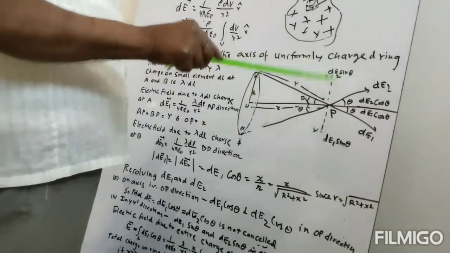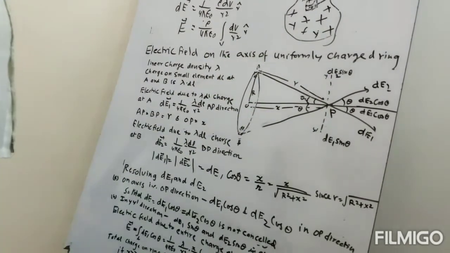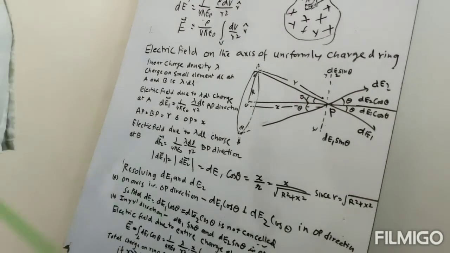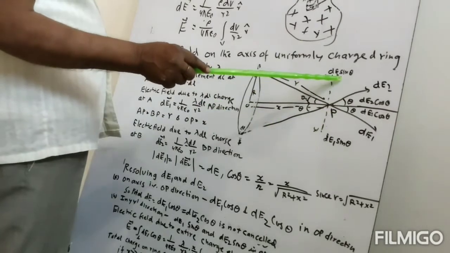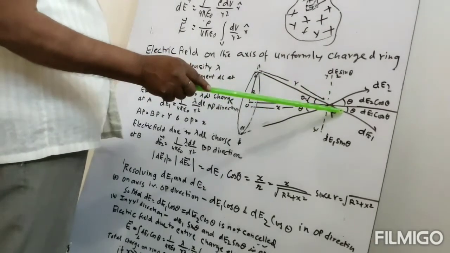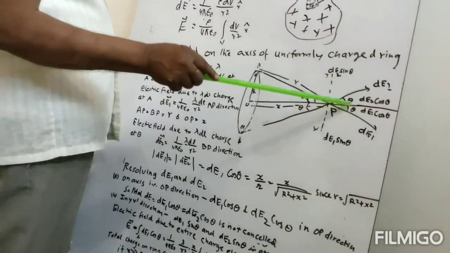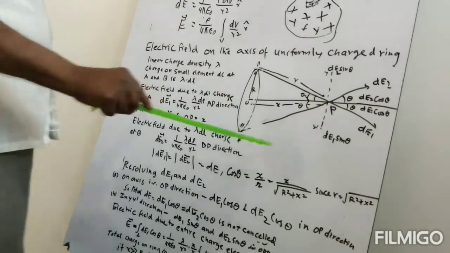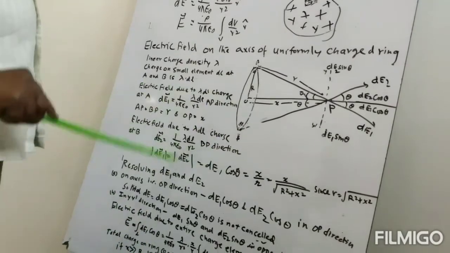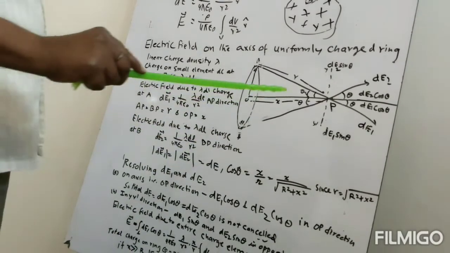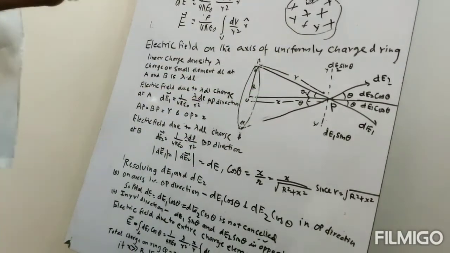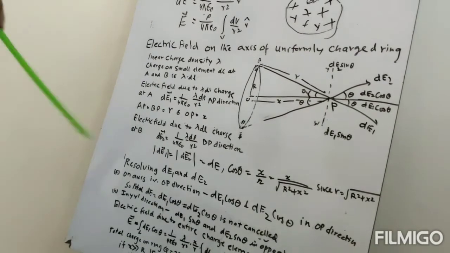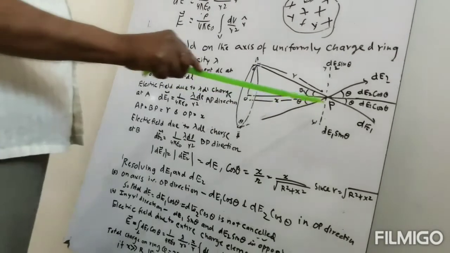Since the magnitudes of both are equal and they are in opposite directions, they will cancel each other. Hence, the electric field will be only in the axial direction, and that is equal to dE1 cos theta or dE2 cos theta.